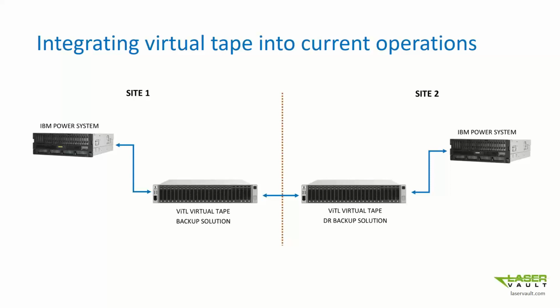So that's what our solution does, have this capability of copying your backups to another virtual tape server at a DR location so that you have a second copy to recover. But you also have a way to back up your DR system. If you are doing a role swap and using your DR system for production, then you have the ability to perform backups on that data with a second virtual tape server.